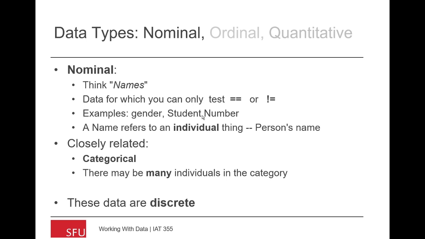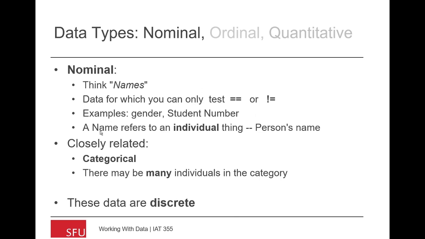Even though student numbers look like numbers, they're a string of digits, you can't meaningfully multiply a student number by 3 and get another student number. It makes no sense to do that. In this case, your student number, my student number when I was an undergraduate student, is intended to be used as a unique identifier for the student who has that number. And so testing for equality or inequality is the only sensible thing you can do with it.